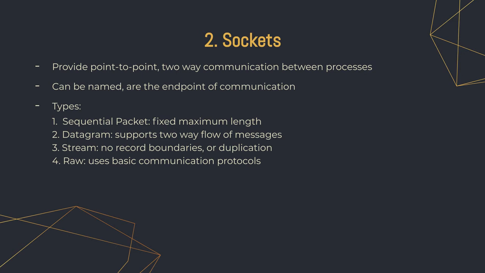Third, we've got a stream socket. They operate very similar to telephone conversations and provide two-way reliable flow of data with no record boundaries. The data flow is also sequenced and unduplicated. Finally, we have raw sockets, where we use the underlying communication protocols to access the sockets.